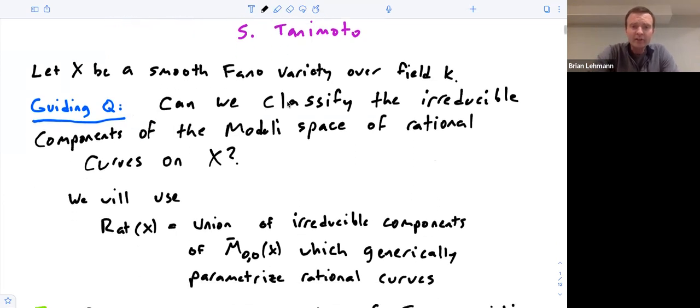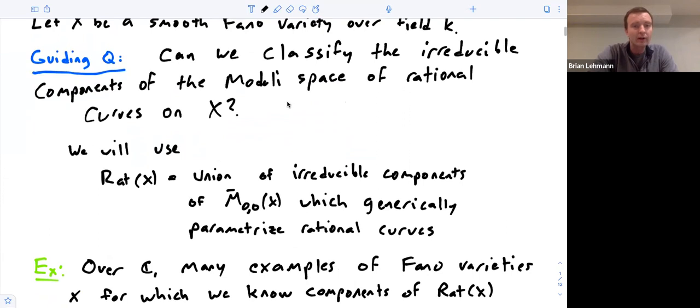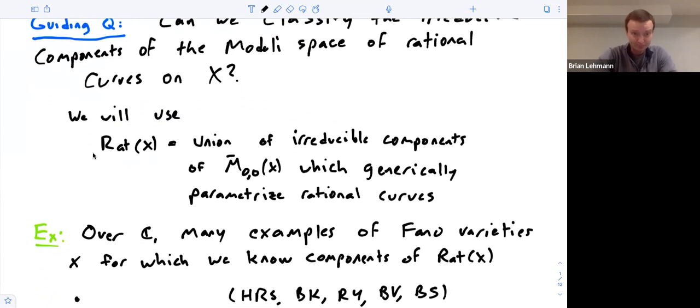It turns out it doesn't matter so much what type of moduli space you use. So I'm going to use the following. By Rat(X), I'm going to mean the union of the irreducible components of the Kontsevich moduli space of stable maps which generically parameterize rational curves.